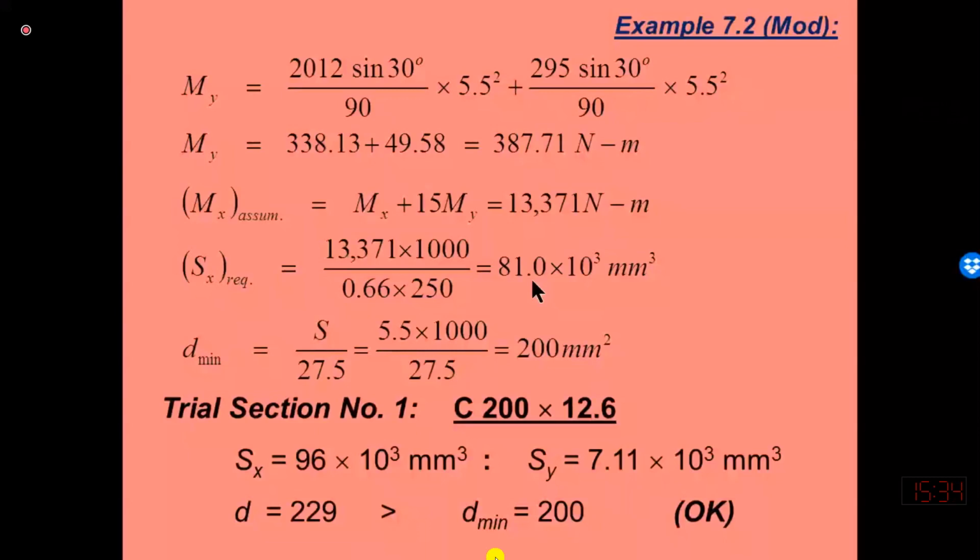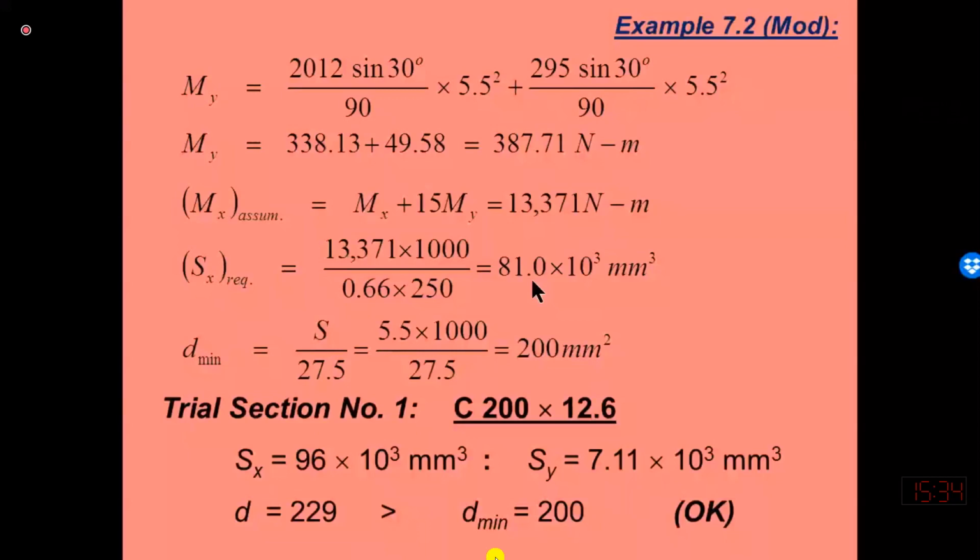Actually, there is a mistake, overwritten; this is 82.9. Also on page number 65, we have a section C200 into 27.9, whose section modulus about the x-axis is 96.